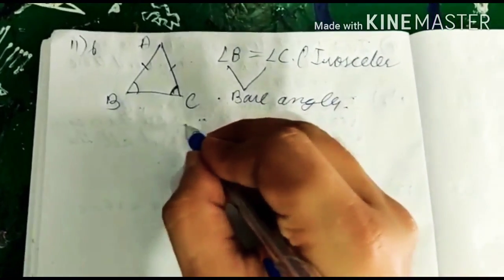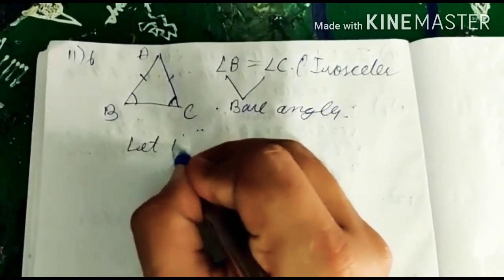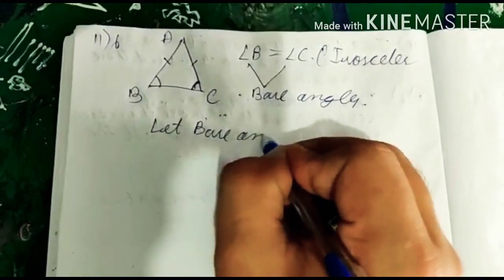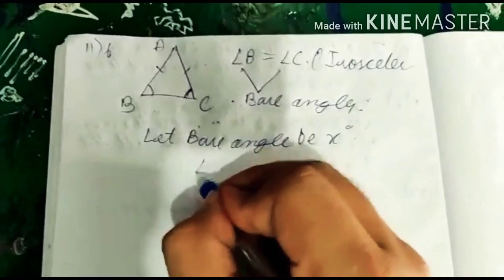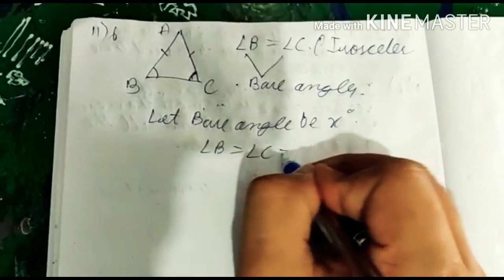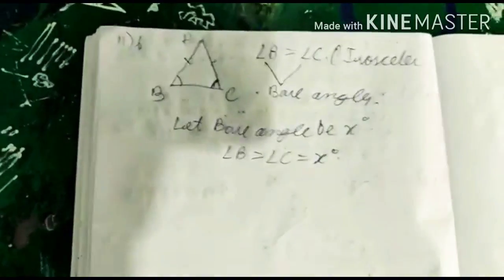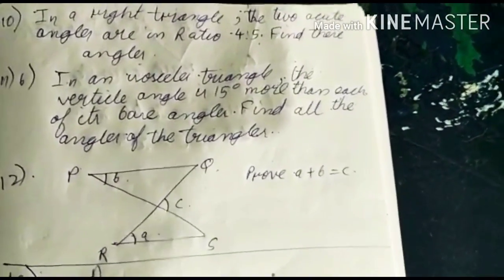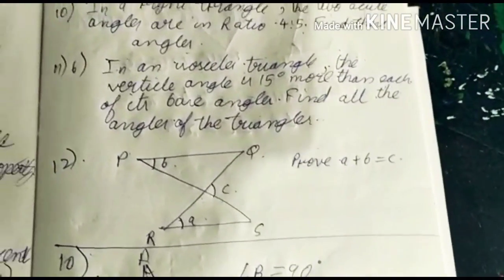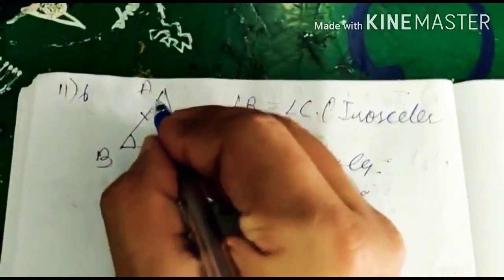So what I did, let the base angles be x degrees. That is angle B equals angle C equals x degrees. The question said that the vertical angle is 15 degrees more than each of its base angles. Vertical angle means top angle.